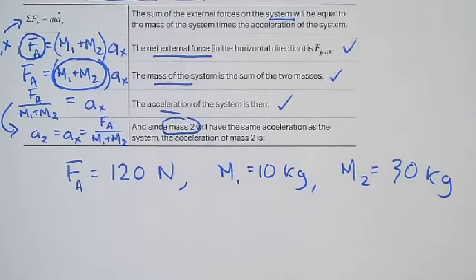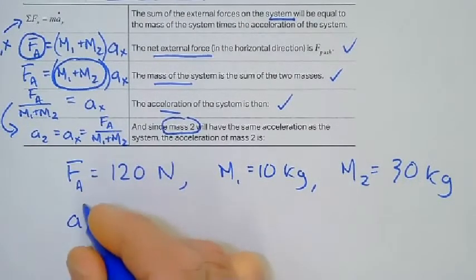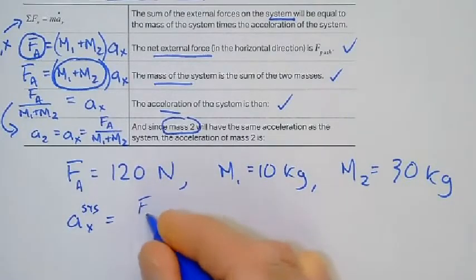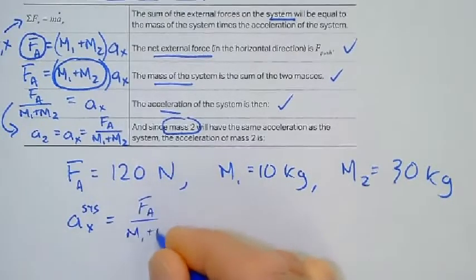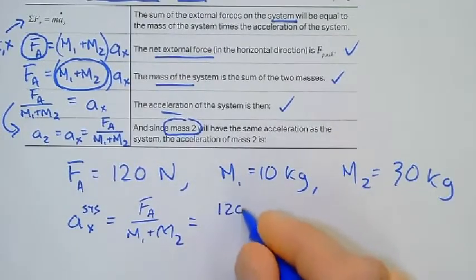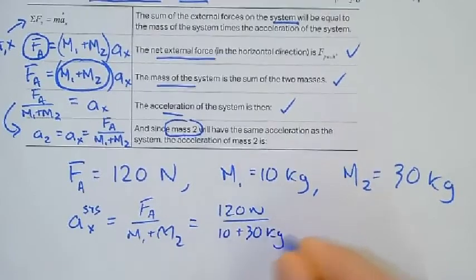Okay? And so first of all, let's find the acceleration of the system in the x direction. That's going to be equal to F_A over m1 plus m2. And so I've got 120 newtons divided by 10 plus 30 kgs.